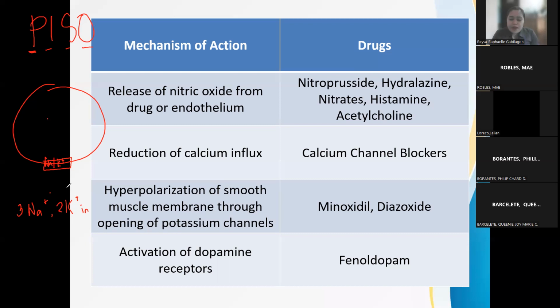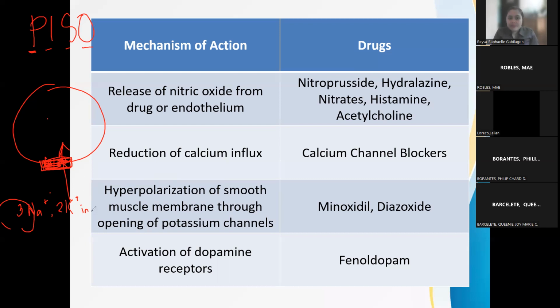So, if the patient takes either minoxidil or diazoxide, potassium channels will actually be open. So, ma-open ito leading to the entrance of potassium inside the cell. And then again, every 2 potassium na papasok, merong 3 sodium na lalabas.